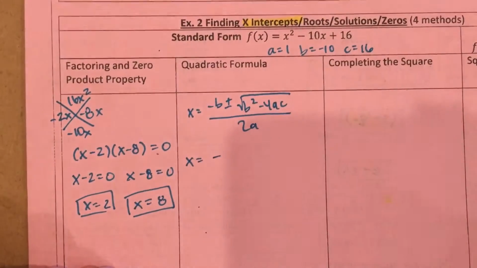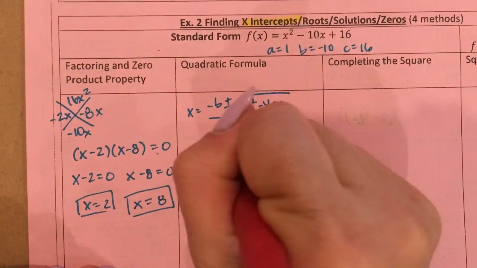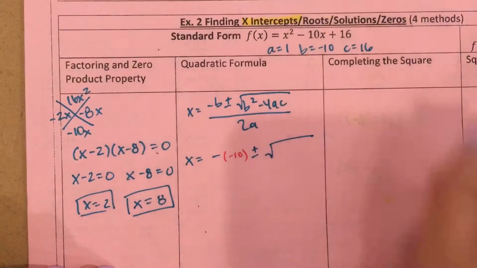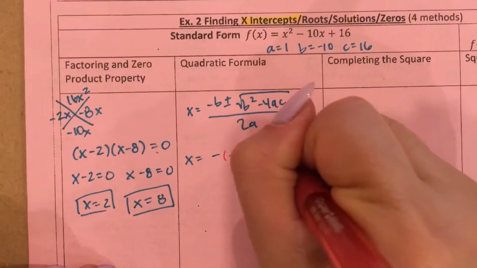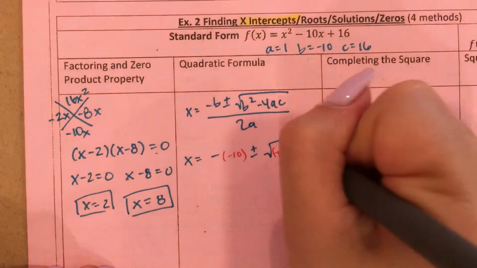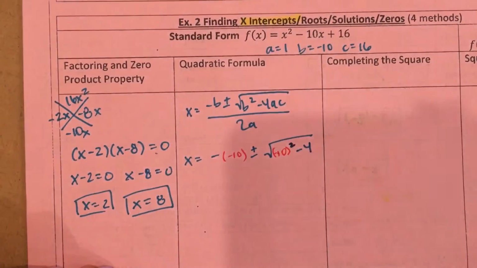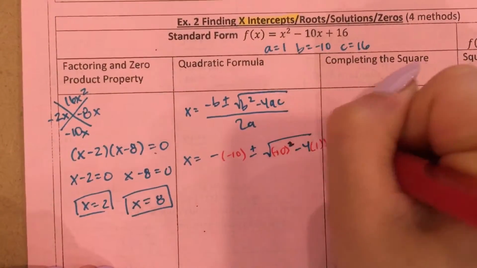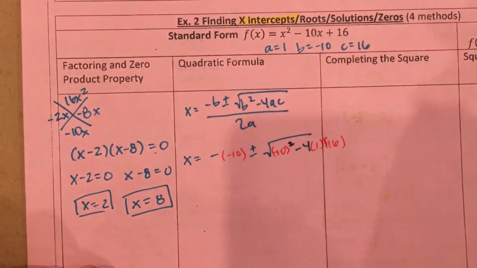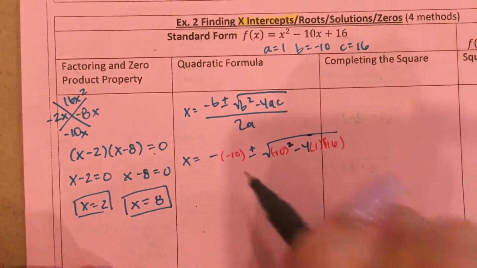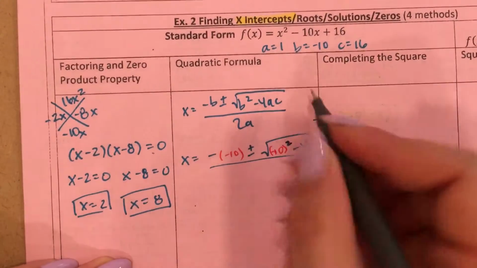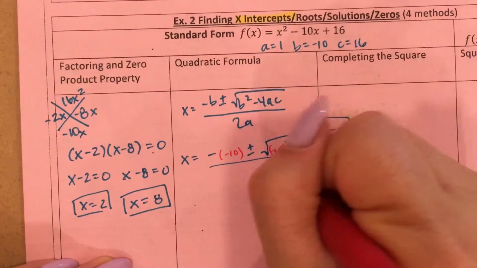X equals negative negative 10 plus or minus the square root of negative 10 squared minus 4 times 1 times my c, which is 16. Okay, all over 2a, so 2 times 1.